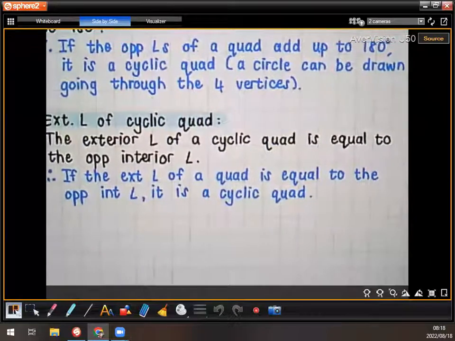Which again just means that you could actually draw a circle going through those four vertices.